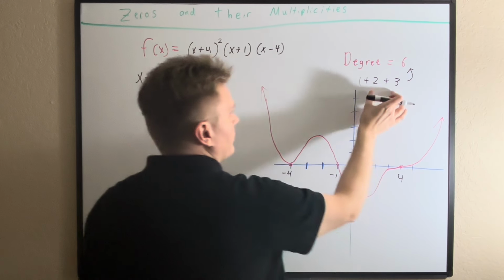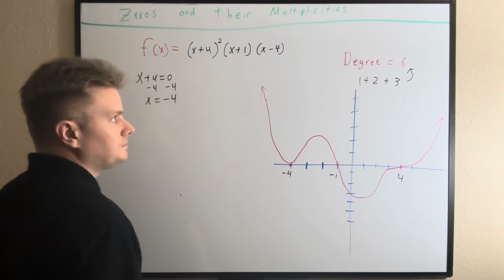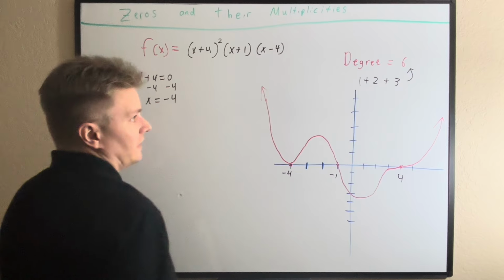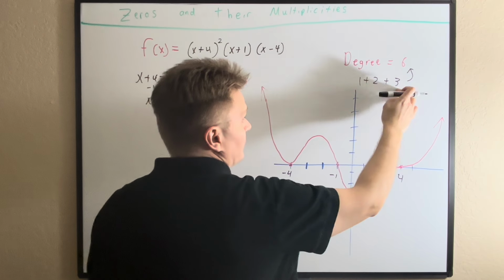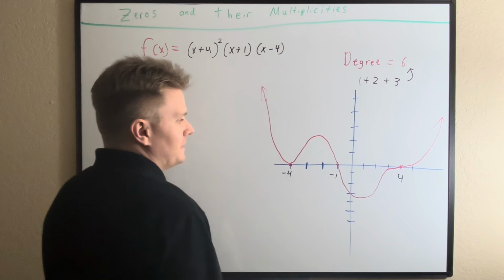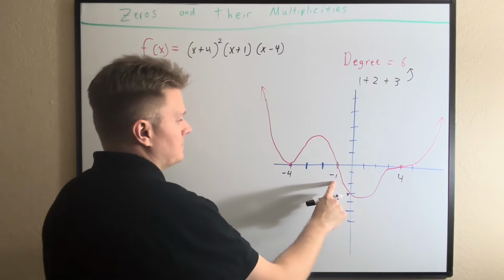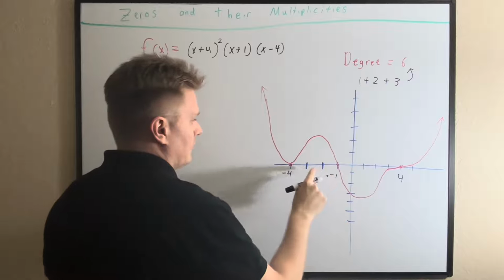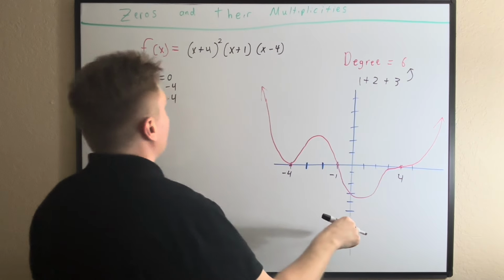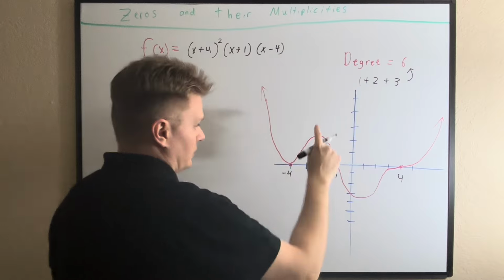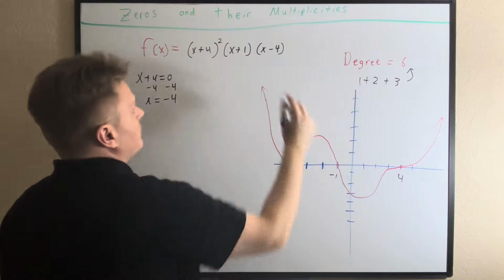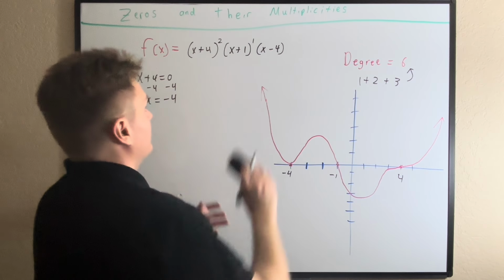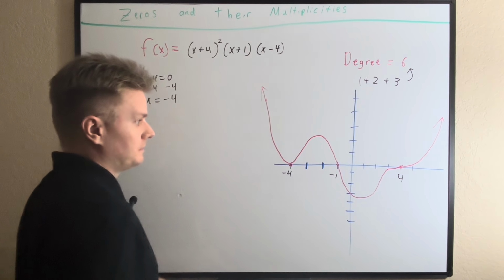So we have 3 different parts. I suppose it could be 1 plus 1 plus 4, but that doesn't seem to be the case here, does it? Right? Because this just goes straight through, and it doesn't flatten out first, it just goes straight through. So negative 1 multiplicity would be positive 1, or you could just leave it blank. It's an understood 1 there.